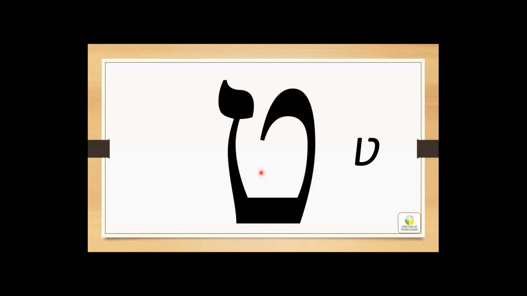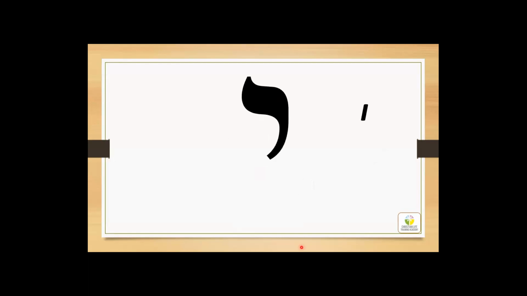Then we go to Yod. Yod is the smallest letter in the Hebrew alphabet, as you can see there, just by that little stripe. Again, as I said before, like the Vav, I like to do my Yod like this. I prefer to keep it in this form, because then I know what it is.